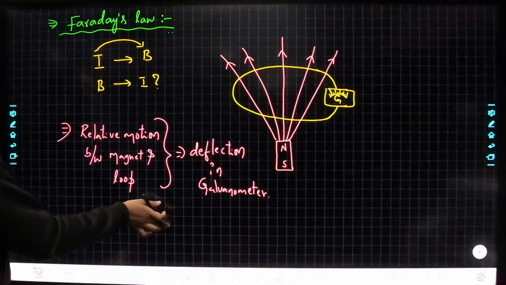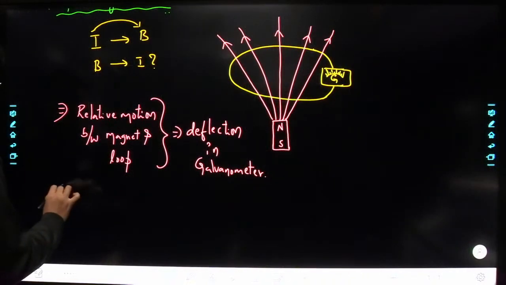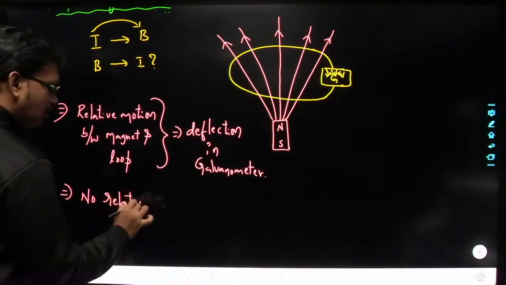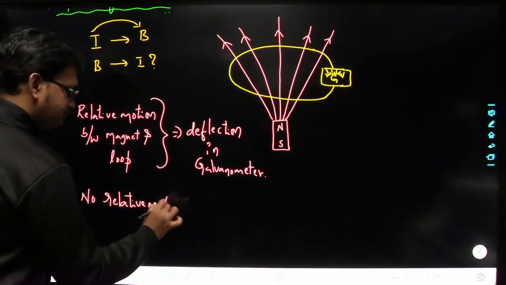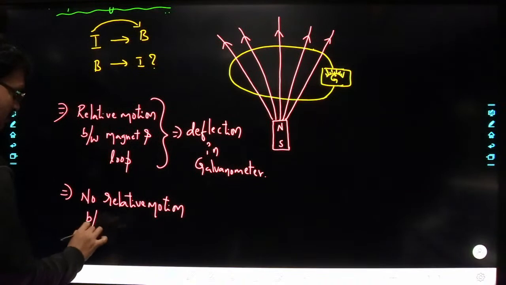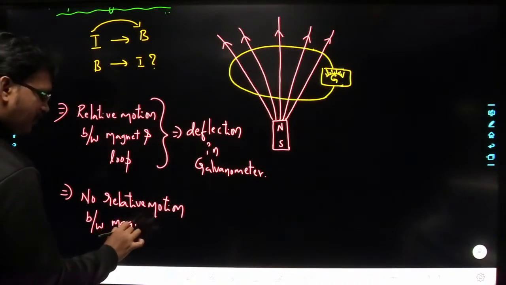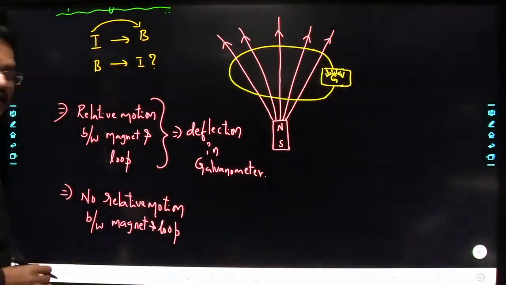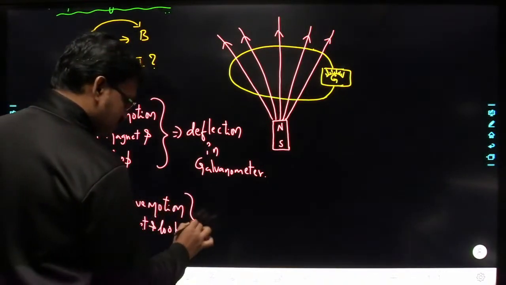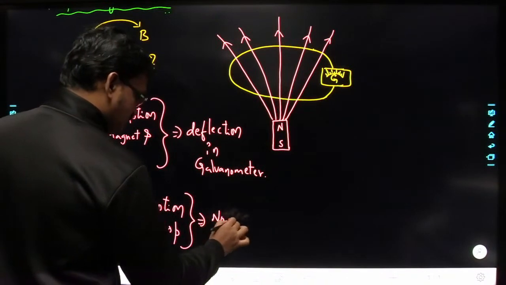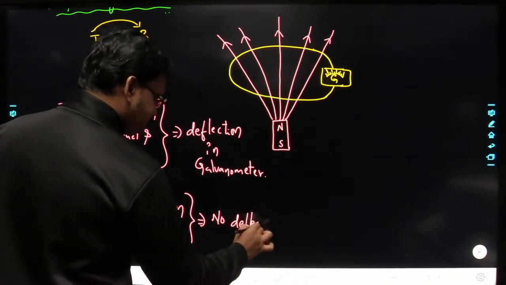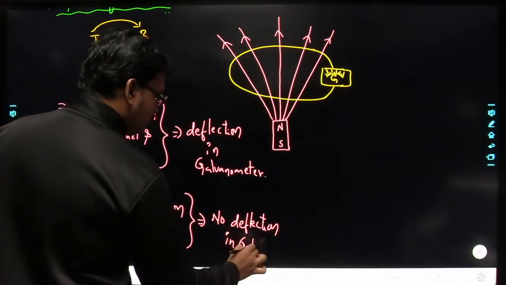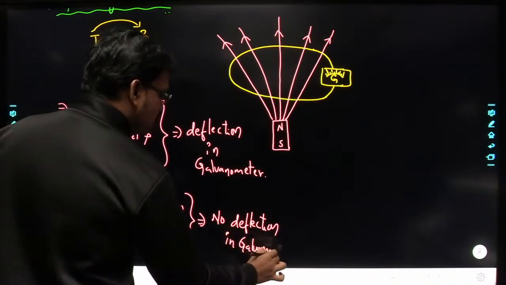Okay, so whenever there is no relative motion between magnet and loop, in this case there is no deflection in galvanometer. So this is what he has observed.